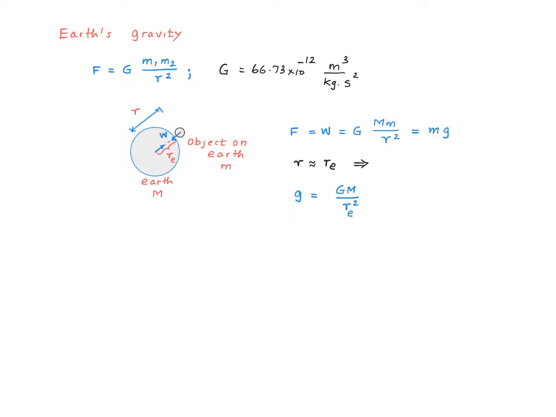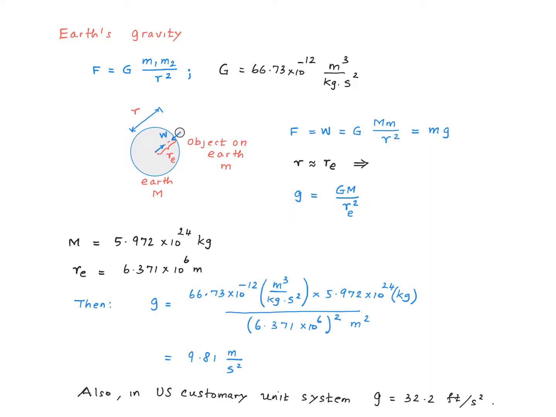In that case, after cancelling this little m from both sides of this equation, little g becomes equal to capital G multiplied by capital M divided by RE squared. We have values for each of the three parameters in this equation, so let me list them, substitute them in this equation and see what we get for little g. Mass of Earth is 5.972 times 10 to the 24 kilogram.